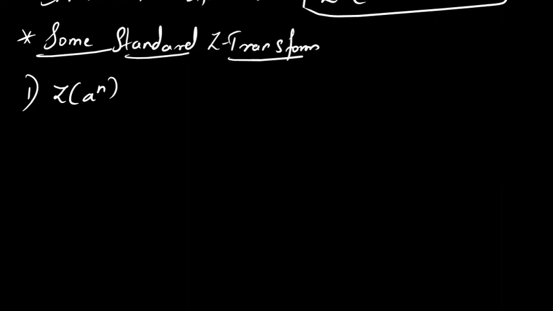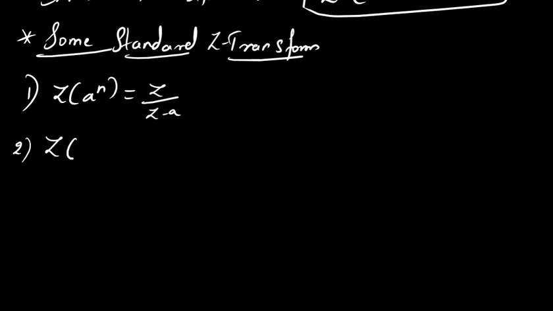Whenever we have a constant to the power n, we can directly write its transformation as z by z minus a. If a is 1, you replace it as z by z minus 1, and if a is 2, z by z minus 2, and so on.